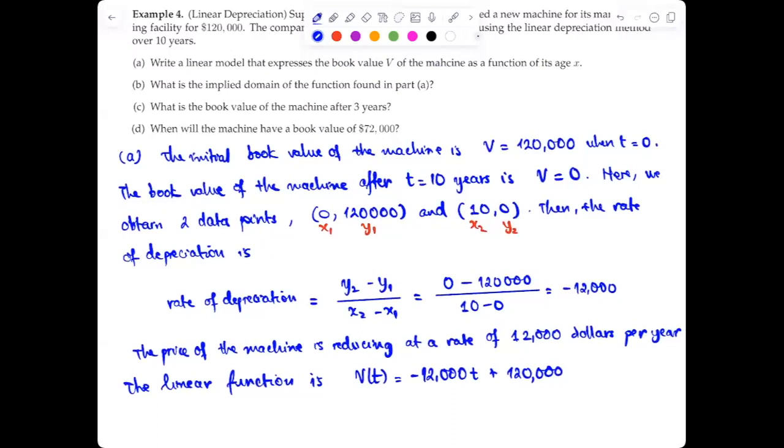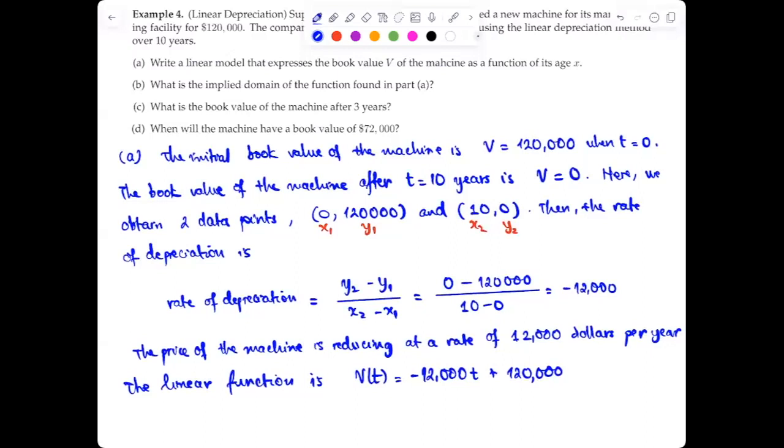Read the problem carefully. Yes, 0 to 10. So 0 indicates the original time. t equal to 10 is when the value of the machine becomes 0. So when the machine value becomes 0, there's nothing. So the implied domain of the function is from 0 to 10.